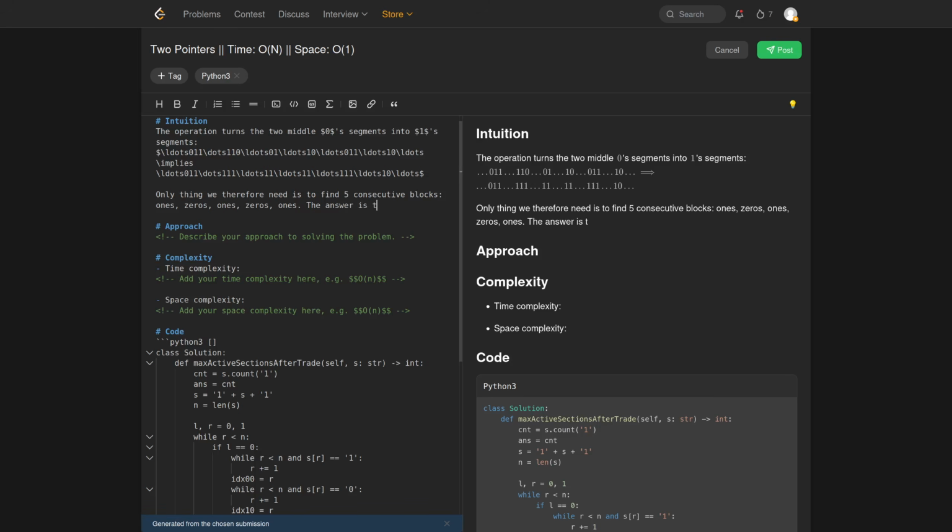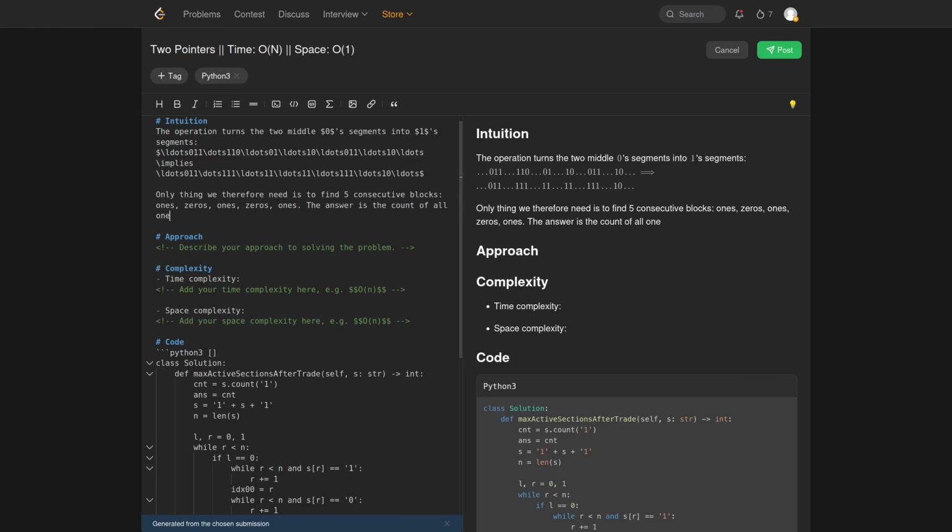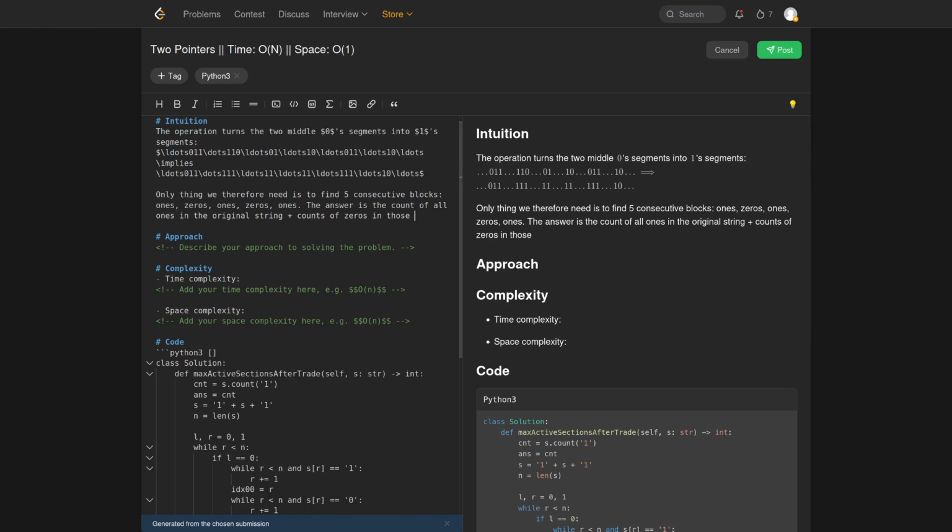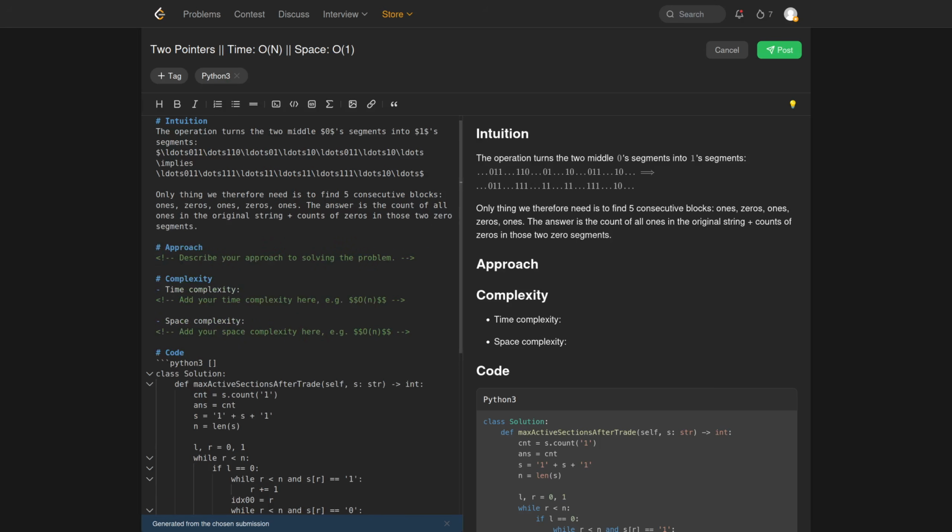The answer is the count of all ones in the original string plus the counts of zeros in those two zero segments.